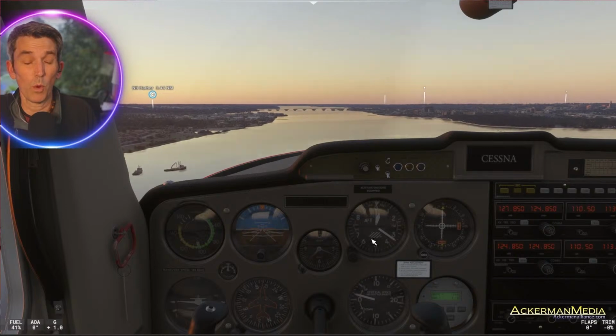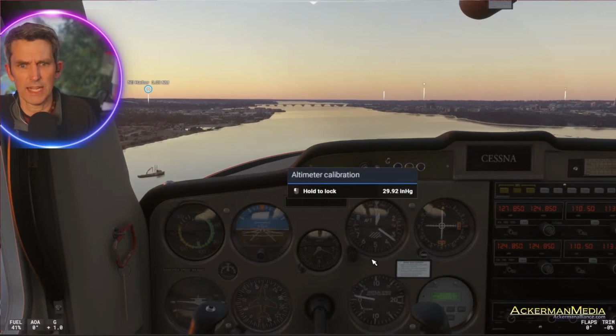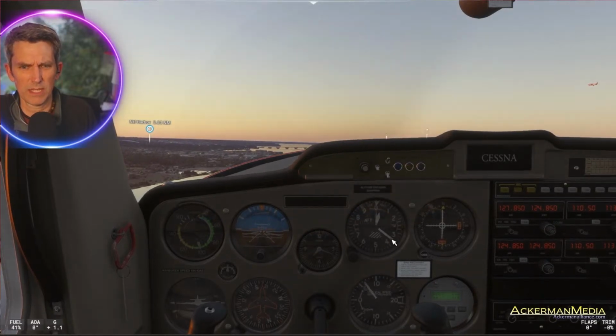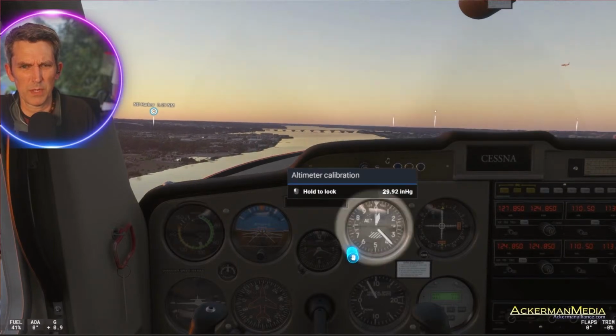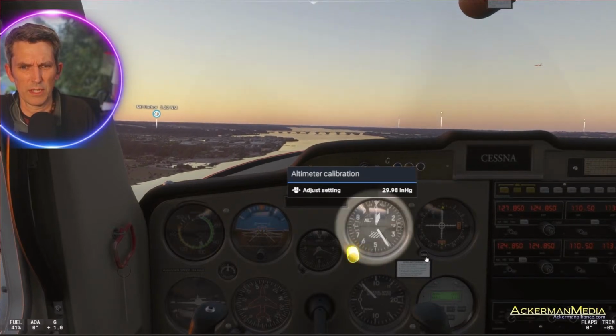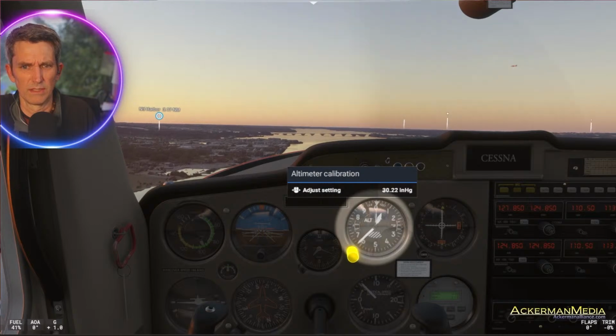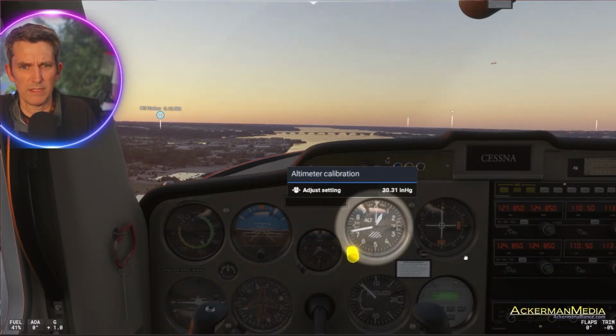If you make one little mistake, and it's this one, see my altimeter, how it says I'm at 400 feet? Well, watch what happens when I turn the pressure gauge on the altimeter. See what happens?